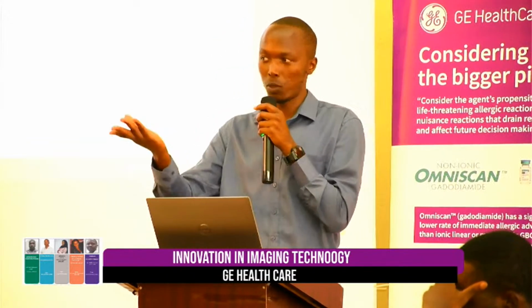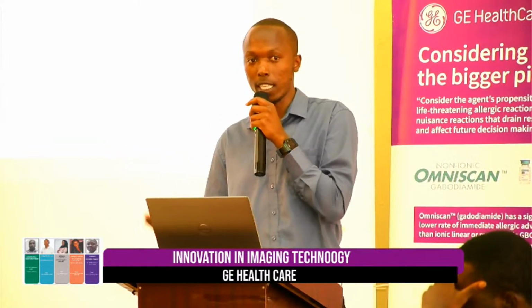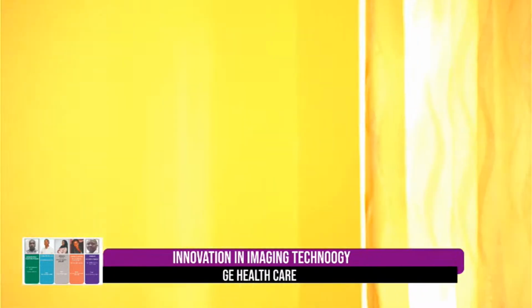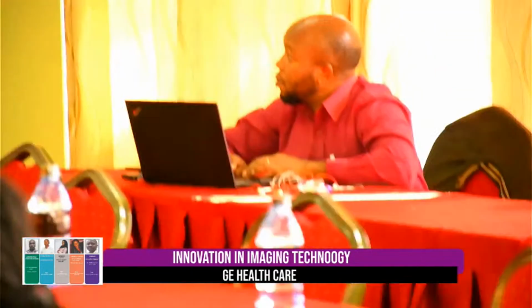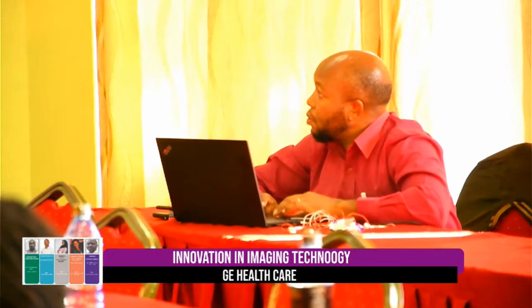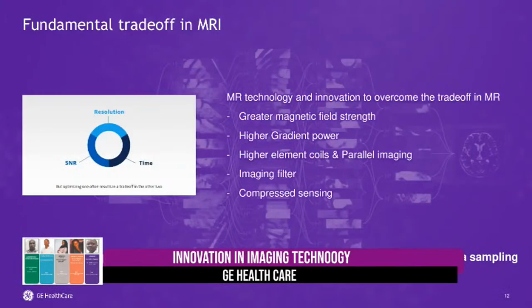So there are multiple ways that we have been trying to work around this. The first one is increasing the field strength, going to a higher strength. The other one is increasing the gradient power. Another one is increasing the coil elements, and using image filters. The image filter is applied on the image that has been processed. So once the image is out, you apply a filter, but this makes the image a bit unrealistic because you're using filters.